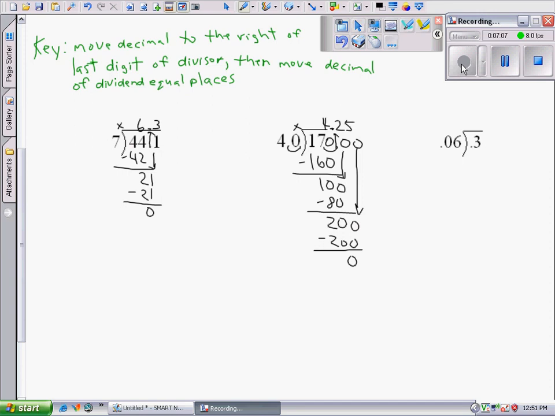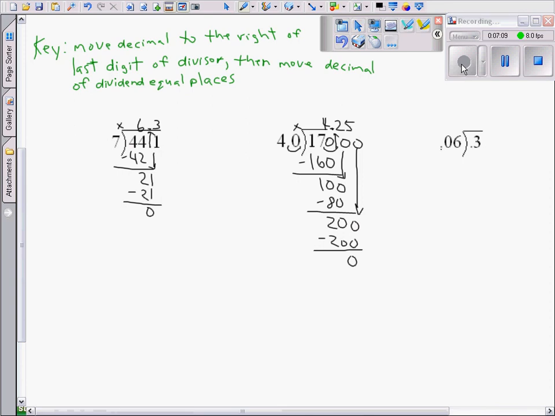The last problem, 0.3 divided by 0.06. The divisor 0.06 needs to move the decimal to the right 2 places. Once that is done, the decimal of the dividend, or 0.3, needs to be moved 2 places. Fill in with zeros. Bring the decimal place up.